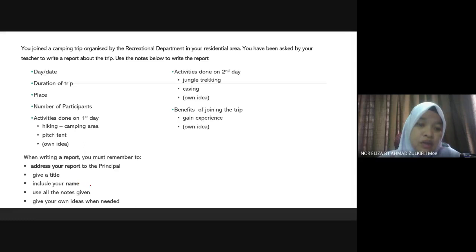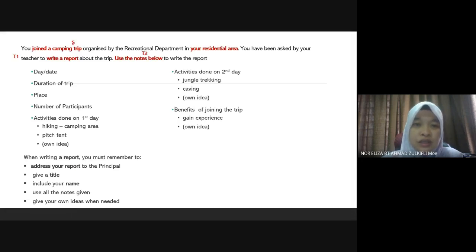Now, please remember, when you sit for your SPM, it's very candidate friendly, whereby you are given reminders to write the format number 1, format number 2, format number 3, because these are marks given to you. Okay? All right, now.